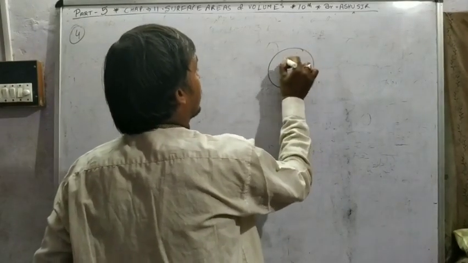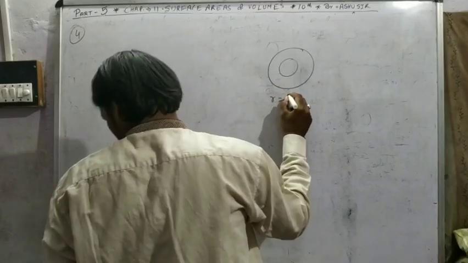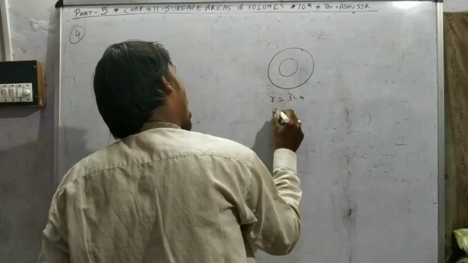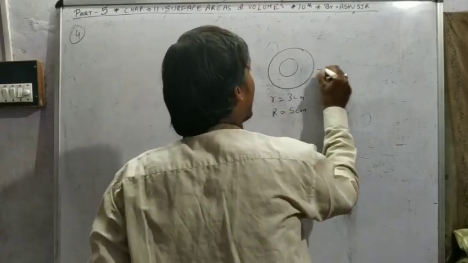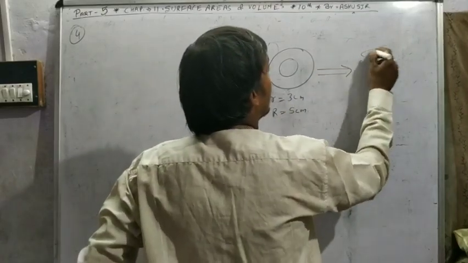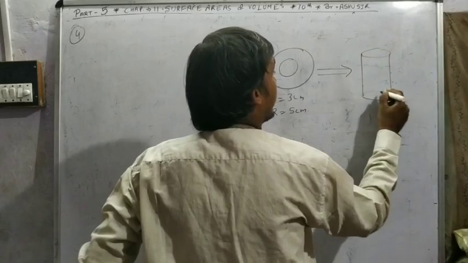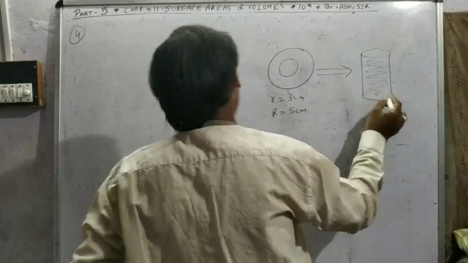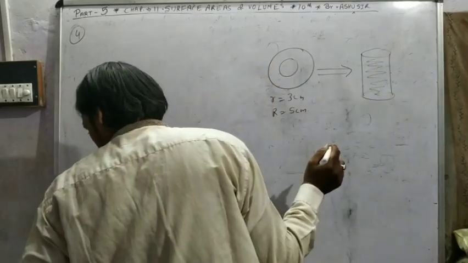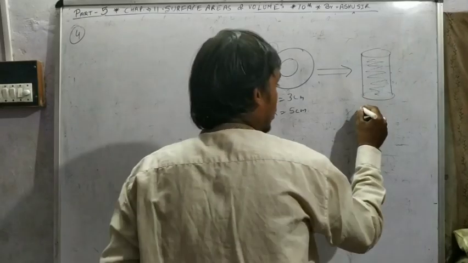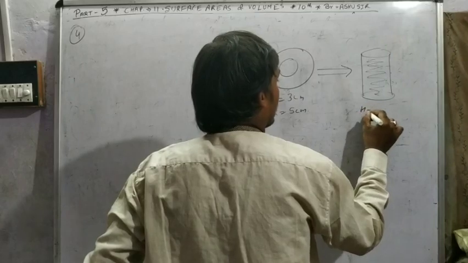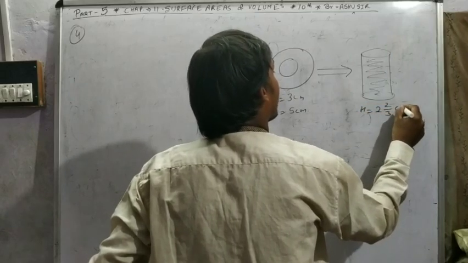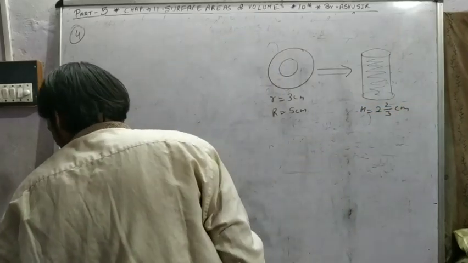A hollow sphere, inner radius 3 centimeter, outer radius 5 centimeter, is melted to form a solid cylinder of height 2 whole 2 upon 3 centimeter. Find the diameter.